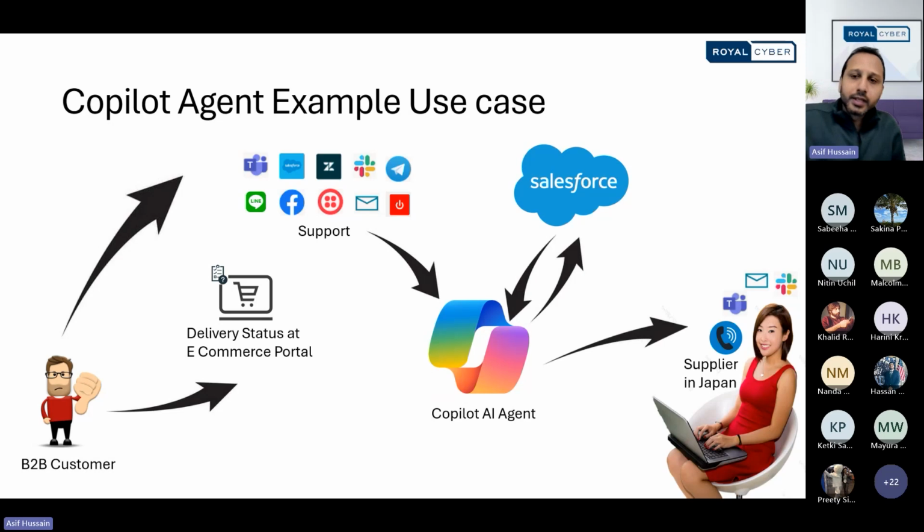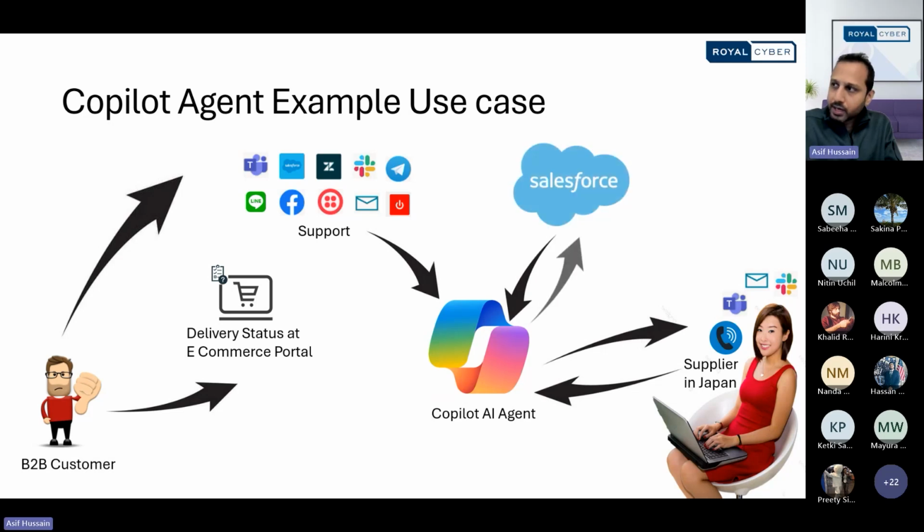Now, the Copilot agent contacts this supplier through their support channels in Japanese language and asks about this particular order. The Japanese supplier responds back with the new expected timeline for the delivery and the reason for the delay.